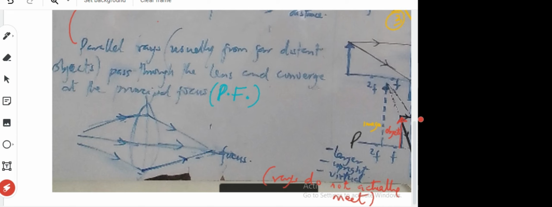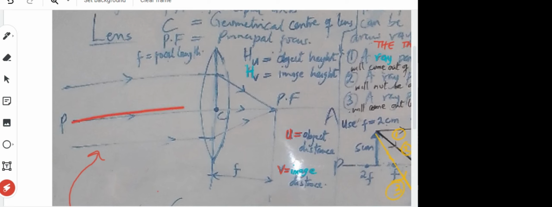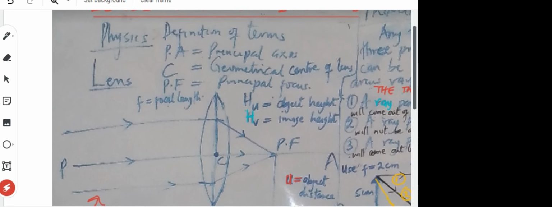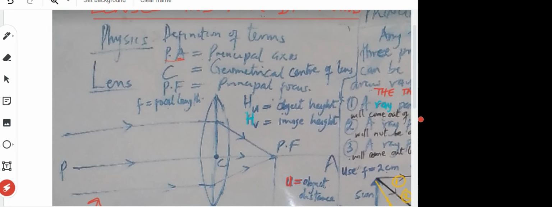Okay? All right. Remember the line, what I call this central line? Principal axis. You remember? Principal axis. And I call this one the vertical plane of the lens. And I call this the geometrical center. All right, so see the labeling. PA, which is from here to here, stands for what? C, geometrical center.